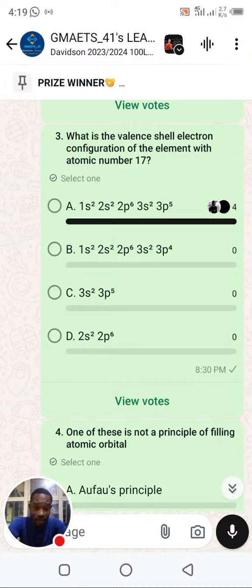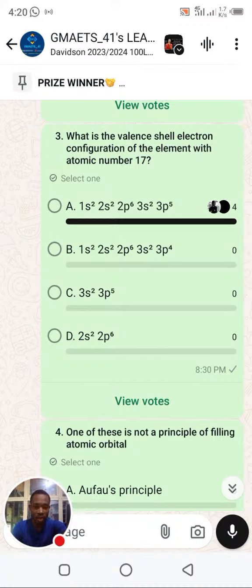These two, 3s and 3p, belong to the same energy level. Principal quantum number 3. Take note, principal quantum number is also called radial quantum number. Alright, so we have 3s and 3p. That is the valence shell.